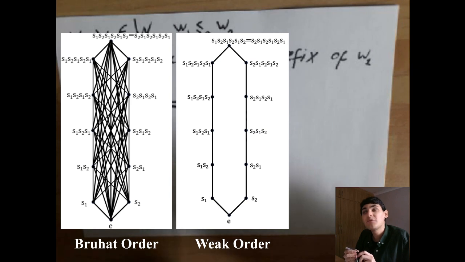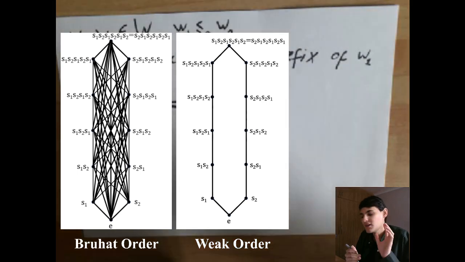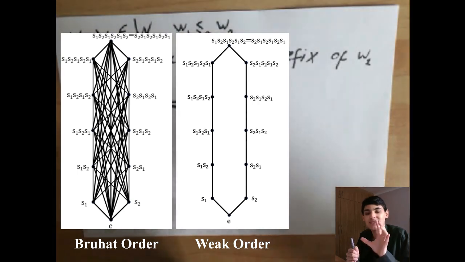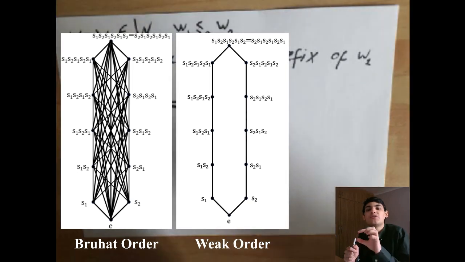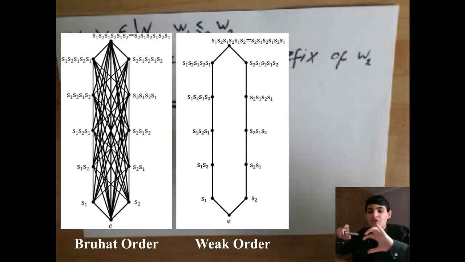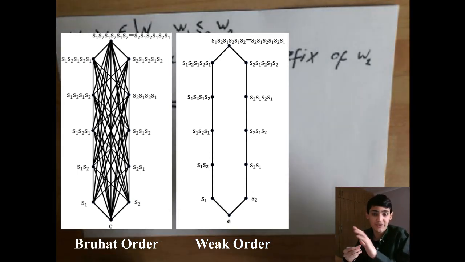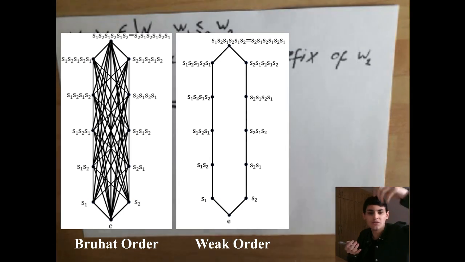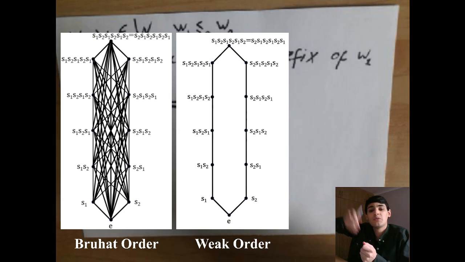And for me, this demonstrates the weak sense, because if you try to imagine creating these graphs as a physical structure, with nodes as pins and stiff rods connecting all of them in whichever order it is, then the Bruhat order would be quite a rigid structure, whereas the weak order would be a lot more malleable.